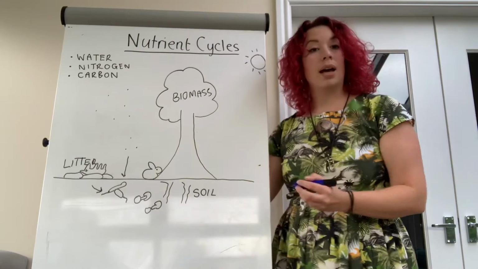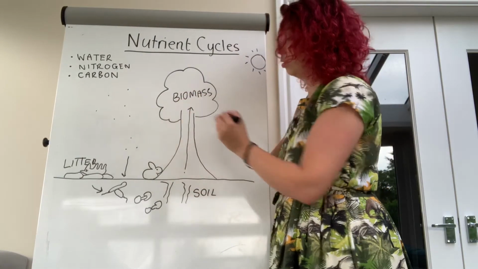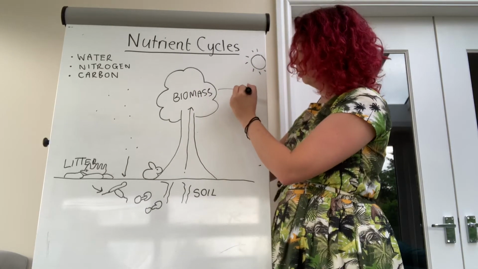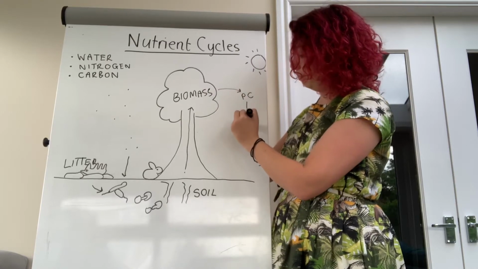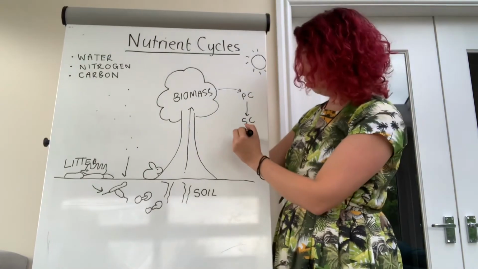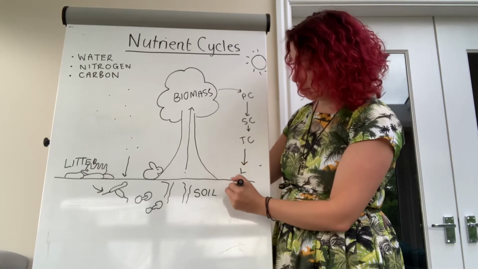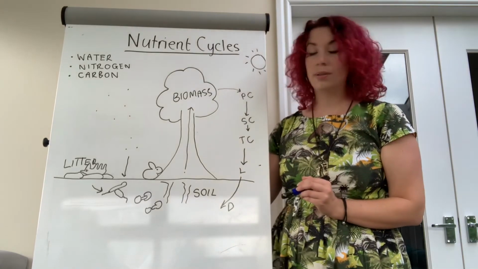And then, as per what you've learned about ecosystems, those nutrients are cycled up into the plants, consumed by the primary consumer, secondary consumer, and if it's a long food chain, even a tertiary consumer. Then they become the litter, and then they get processed back into the soil by the decomposers.